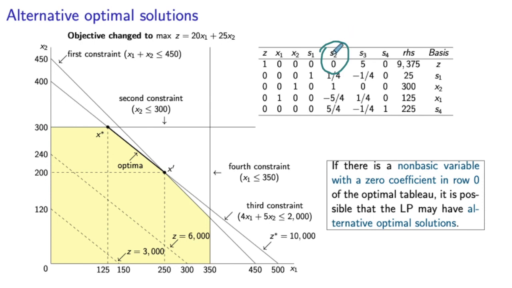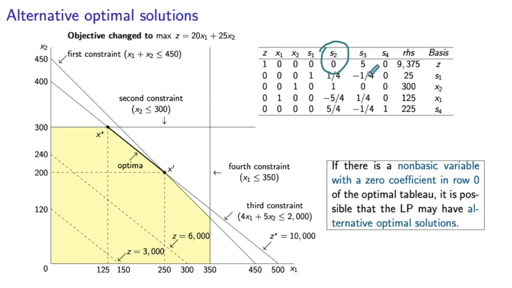Because now the coefficient for S2 in the objective is 0, and by altering S2, I'm not going to change the objective value. But obviously, when I increase S2 from 0 to something positive, the actual solution will be different even though the objective is the same. And this is exactly when we have an alternative optimum.